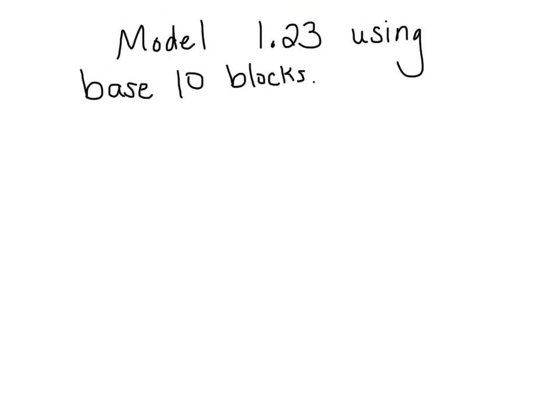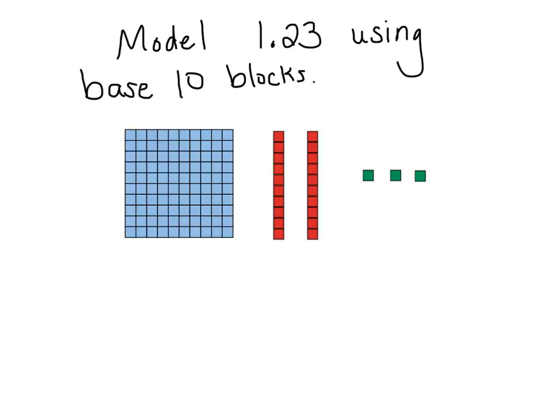We're going to model 1 and 23/100ths using base 10 blocks. So if we use one of these base 10s, again, that one represents the whole number 1, and then if you think about adding that to the 2/10ths, then you would put 2, and remember this is the tenths place, and we're going to do place value in just a few minutes too, but just kind of a reminder.